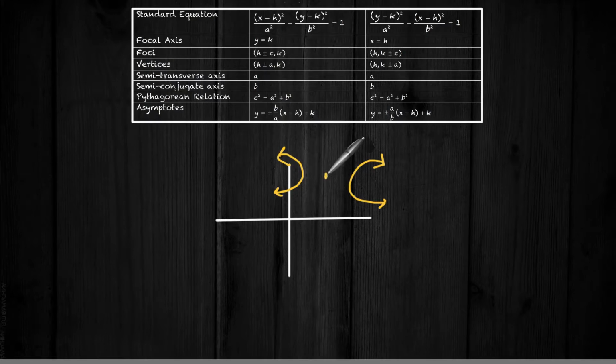So we have the center right here, and the distance from the center to the vertex is A, and the distance from the center to the focus is going to be C, all right? And the distance from the center to actually what's called the end of the conjugate axis is B. So maybe we'll put that in red. So this will be B right there.